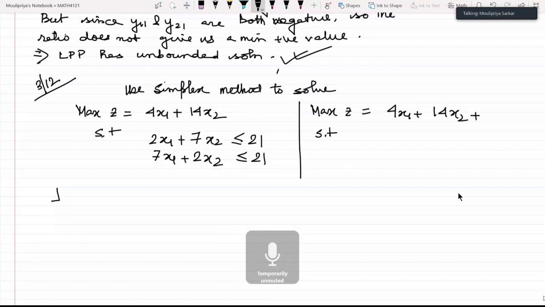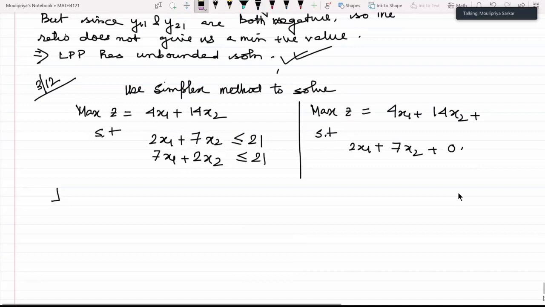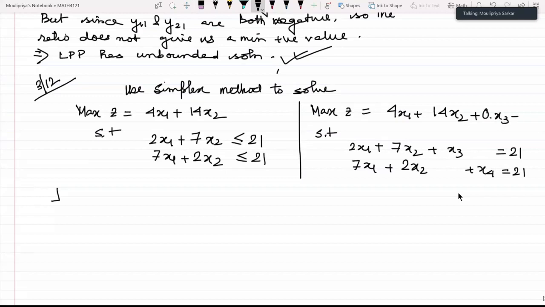So you have such that 2x1 plus 7x2 plus x3 equal to 21 and 7x1 plus 2x2 plus x4 equal to 21. So correspondingly, you have 0x3 and you have 0x4.